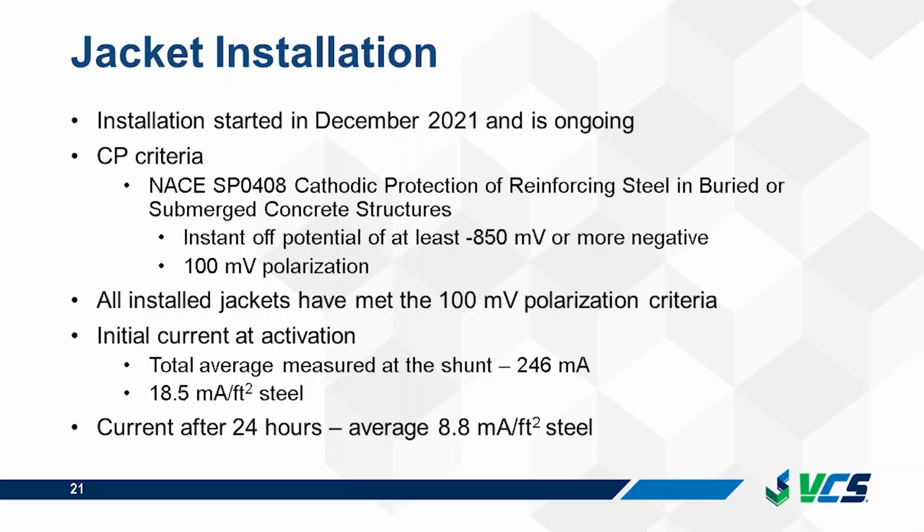So a better way to look at the jacket performance is to calculate the current output per square foot of steel in the pile. And here the initial current is 18.5 milliamps, and after 24 hours the current is just below 9 milliamps.